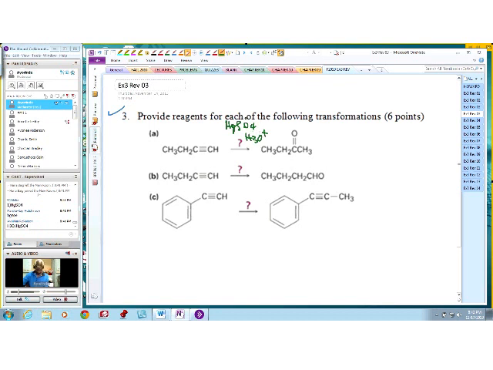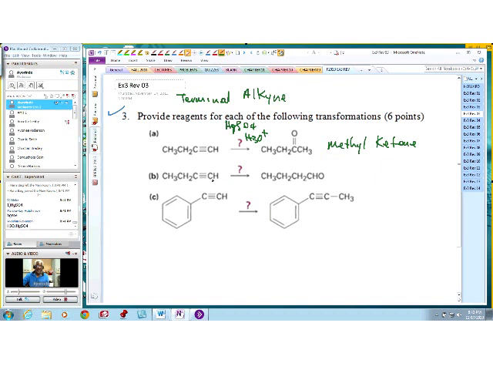This reagent transforms a terminal alkyne to a methyl ketone, and that is what this reagent would do.